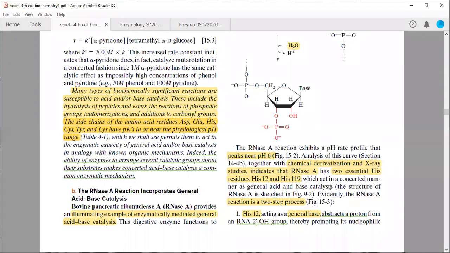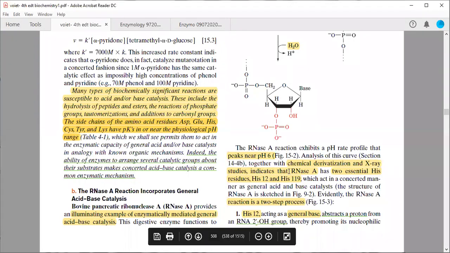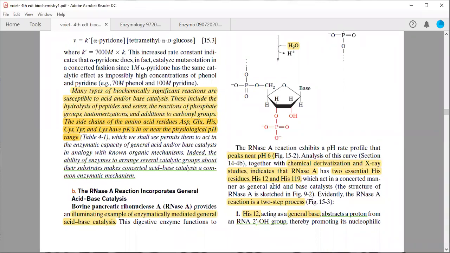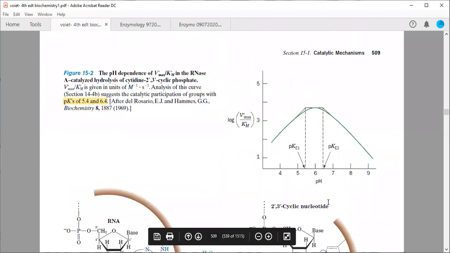The X-ray study indicated that RNase A has two essential histidine residues, the 12th and the 119th histidine. Both have an imidazole ring as the amino acid side chain, and they are involved in the reaction.